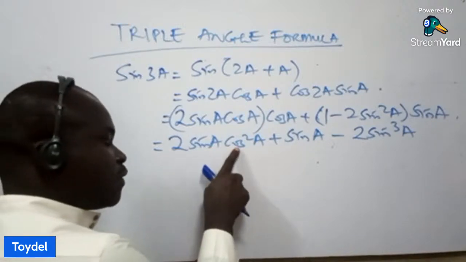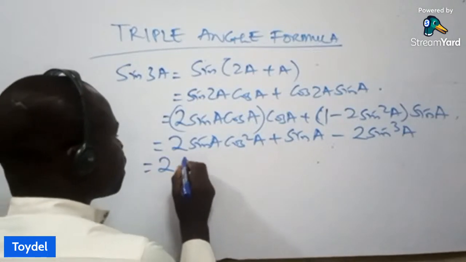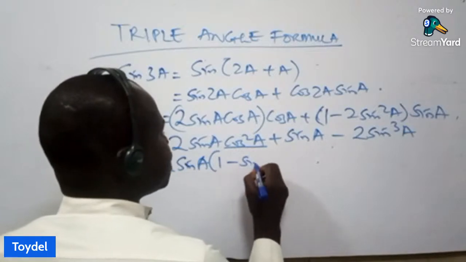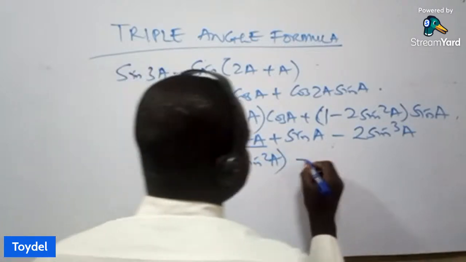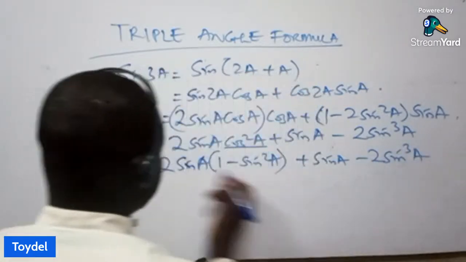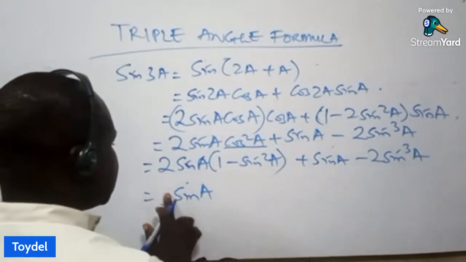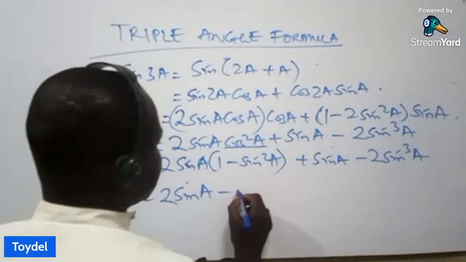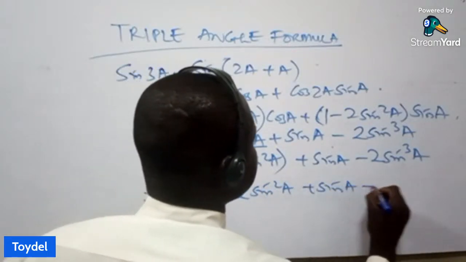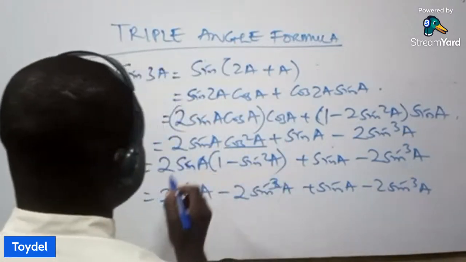So if I make cos square A the subject of formula, I'm going to get cos square A equal to 1 minus sine square A. So from there, I will have 2 sine A into bracket 1 minus sine square A, then plus sine A minus 2 sine cube A. Then if I open up, I'm going to get 2 sine A minus 2 sine cube A plus sine A minus 2 sine cube A. This will be cube because sine square times sine is sine cube.